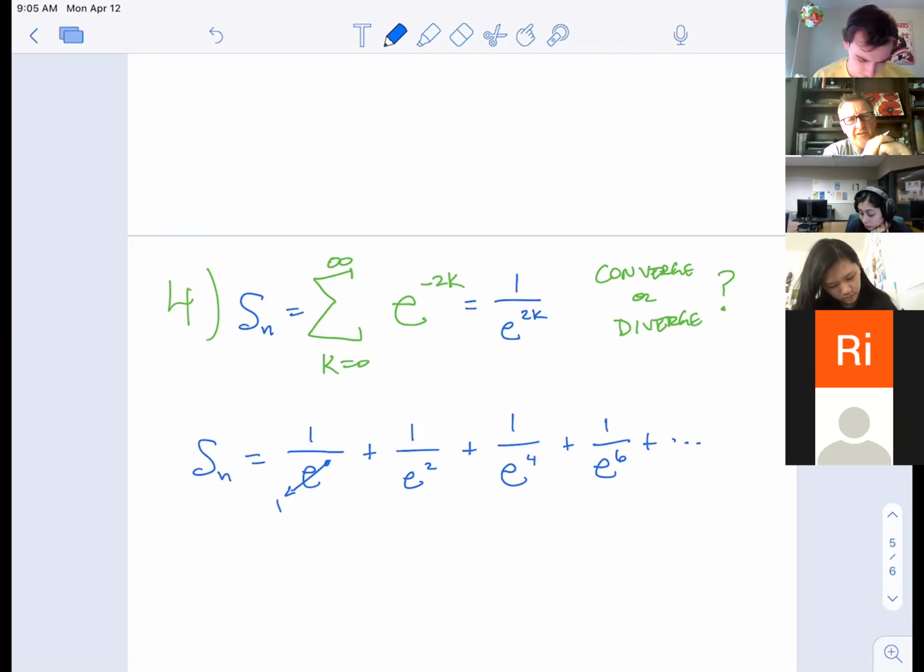Does this feel to you like it's going to converge? That's what I'm getting at. Can you see that it feels like that's going to converge, because the terms are not just going to zero, but they're going there fast? Can we figure out what it is though? Can we see what this actually converges to?